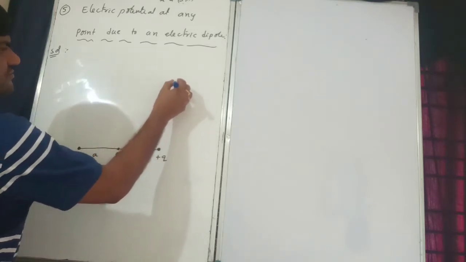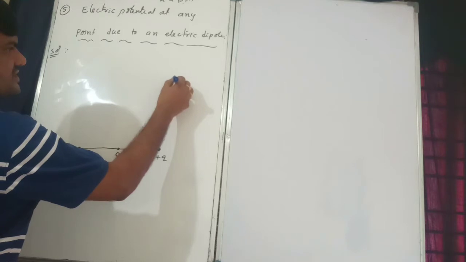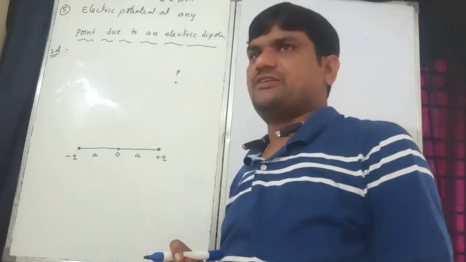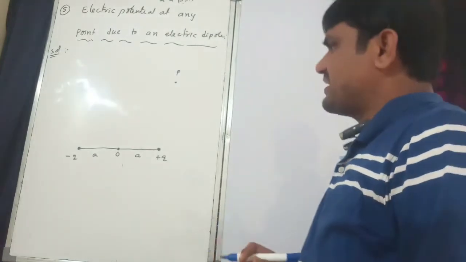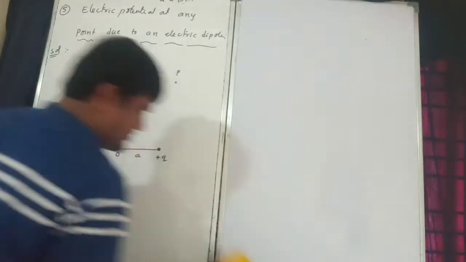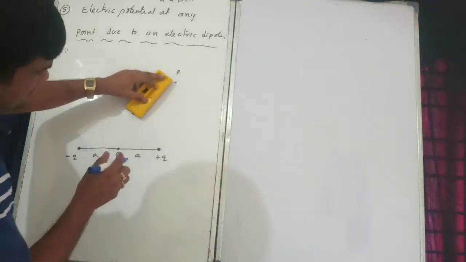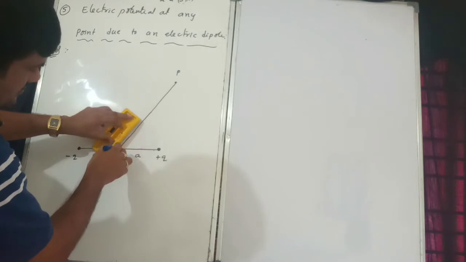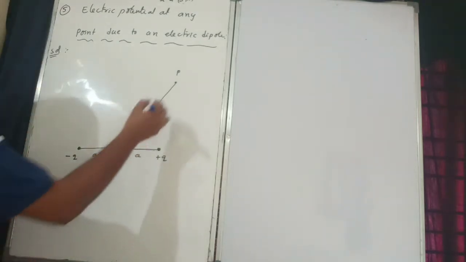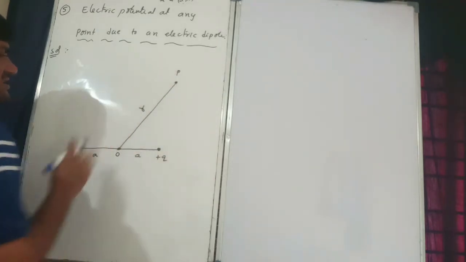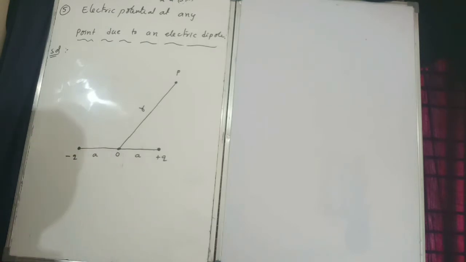Now, somewhere I will consider this point P. At point P, the electric potential is equal to how much? I will consider some distance, from here to here. From O to P, r distance I will consider.